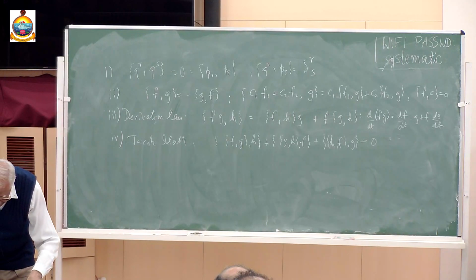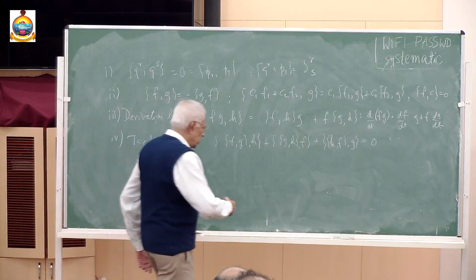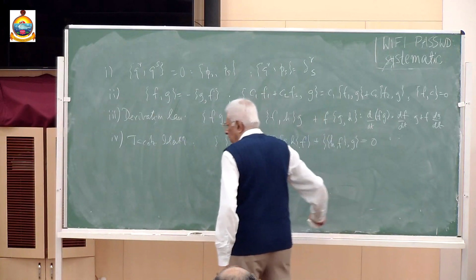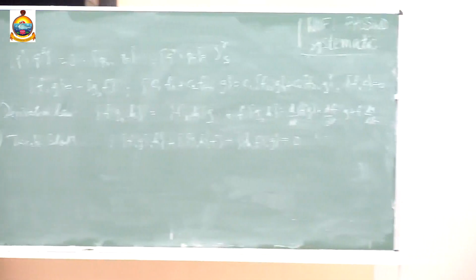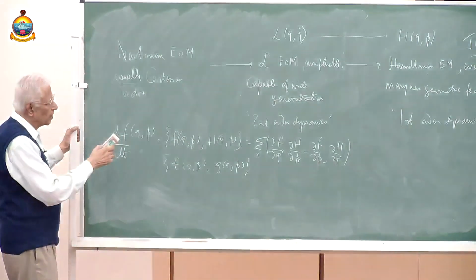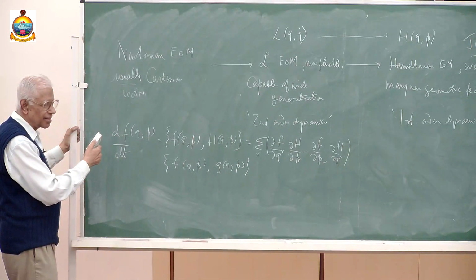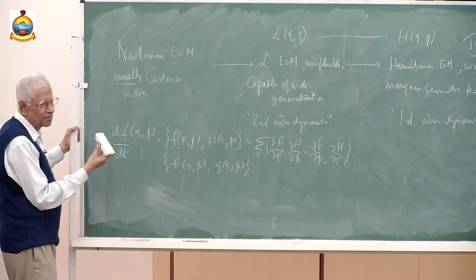Okay. Now comes the discussion of the transformation properties of things. You will find that this Poisson bracket plays such an important role, it is like an actor simultaneously playing many parts in a play. That's the way I can put it.